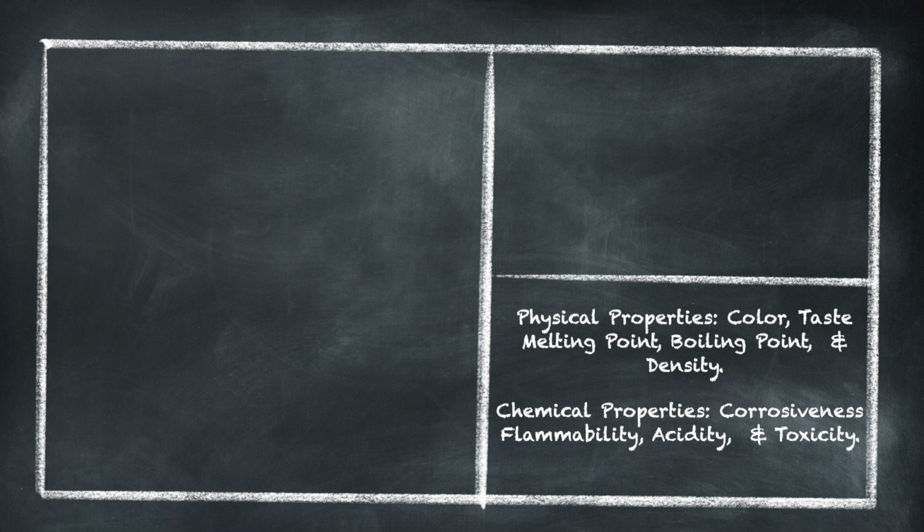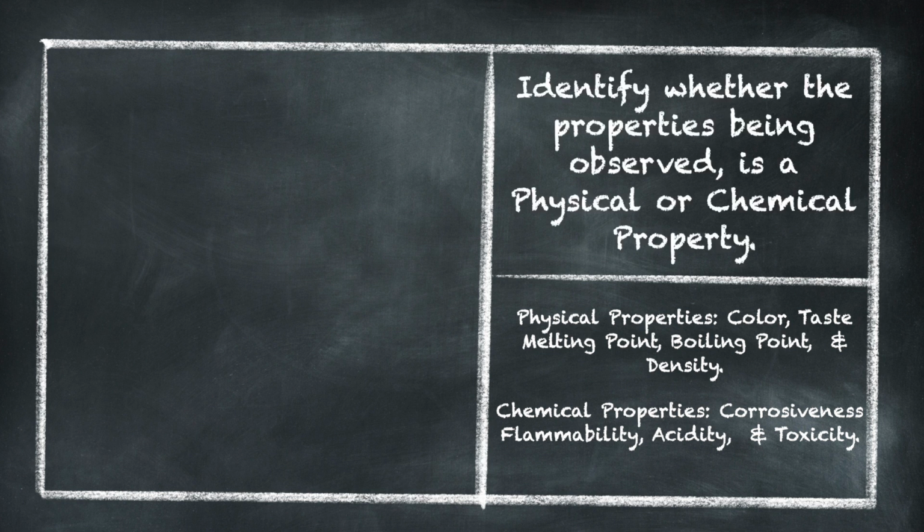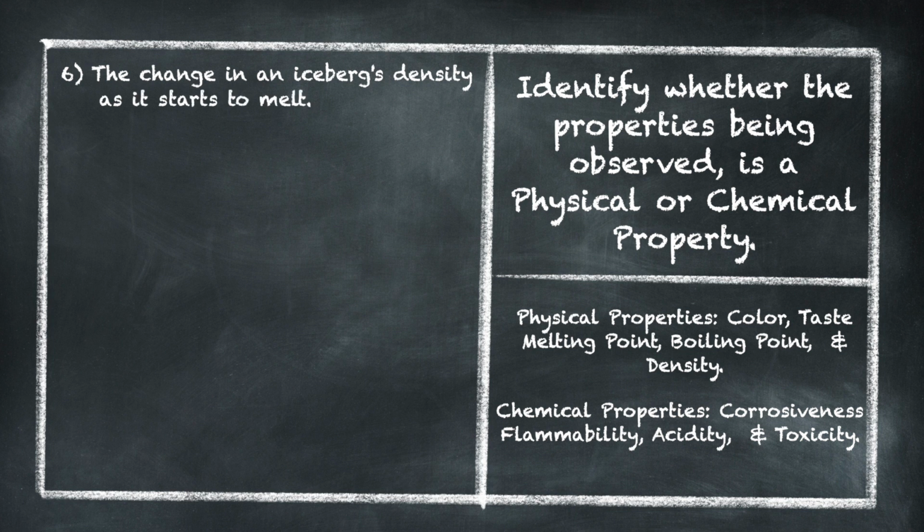For this section, here's what we're doing. Identify whether the property being observed is a physical or chemical property. So here are our questions. Number 6, the change of an iceberg's density as it starts to melt. Number 7, when heating water, it must reach a temperature of 100 degrees Celsius to boil.